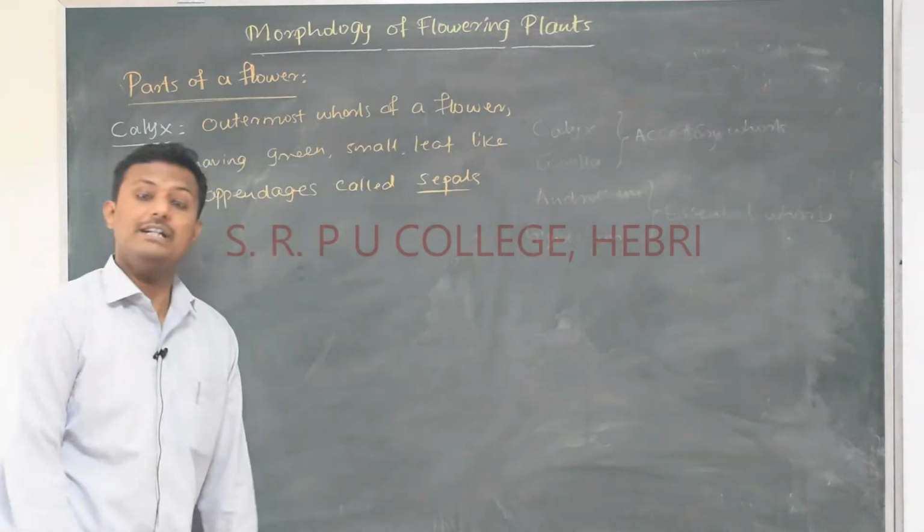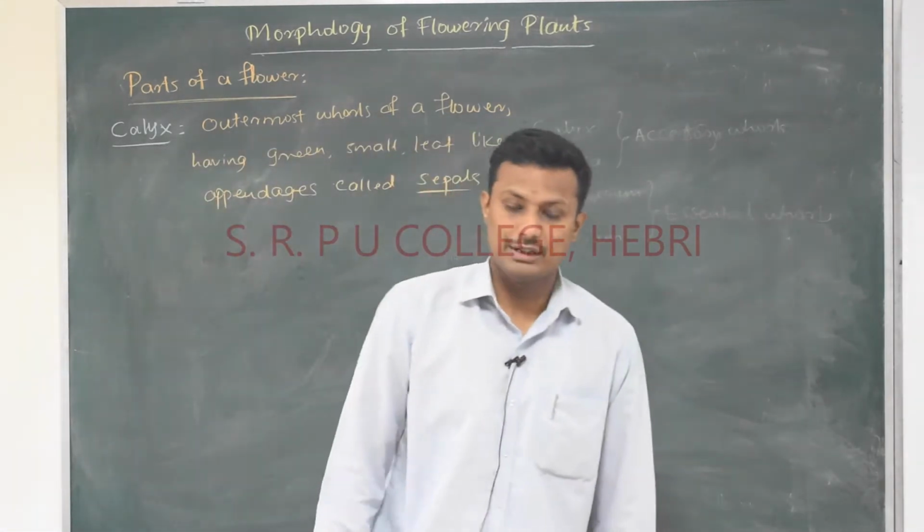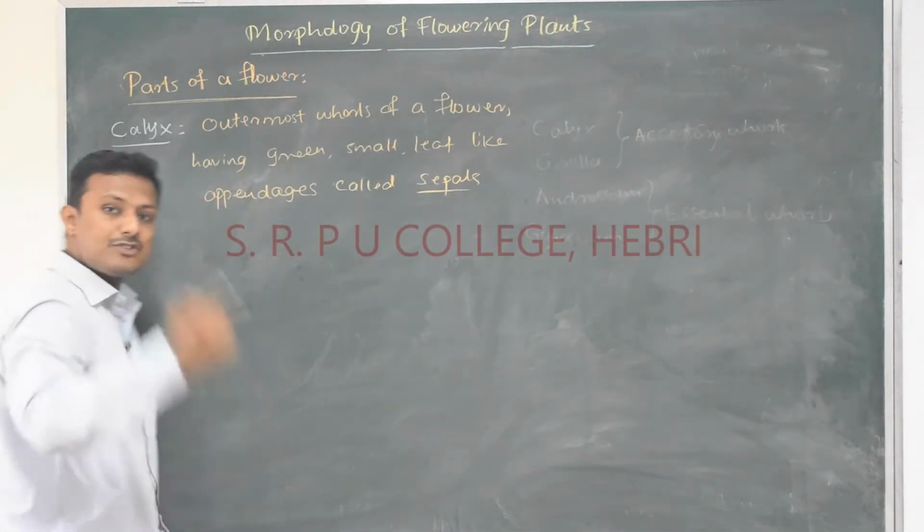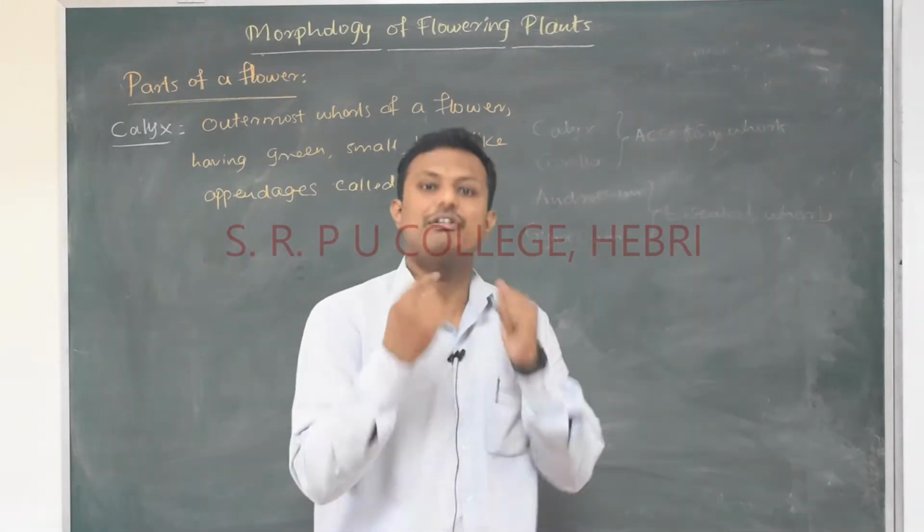Yes, the appendages of the calyx are called what? They are called sepals. And how do they look? They look like small green leaf-like appendages.